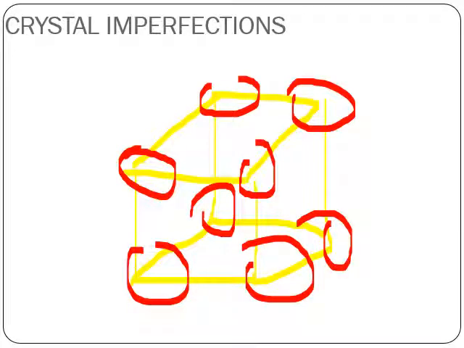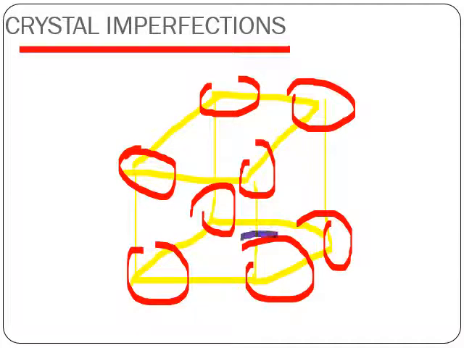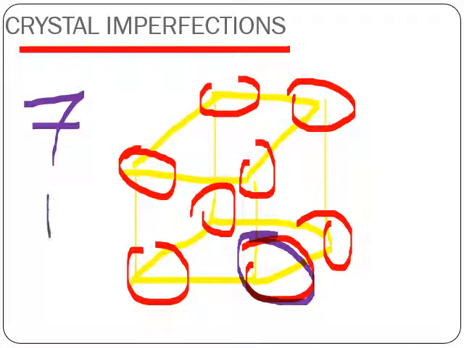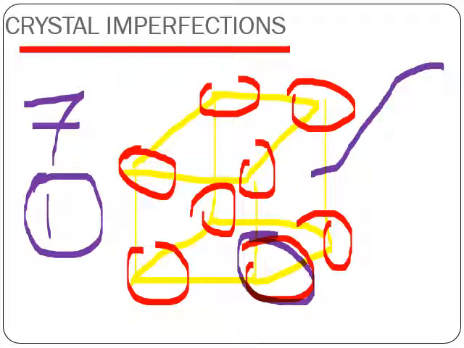A crystal which has defects means this atom will be missing from its place. Now we find only 7 atoms in the crystal, so one atom is missing, meaning there is a vacancy in that crystal, and an external atom added to this can come and occupy this space.